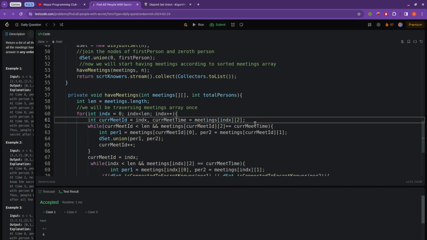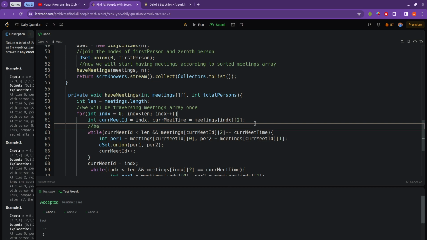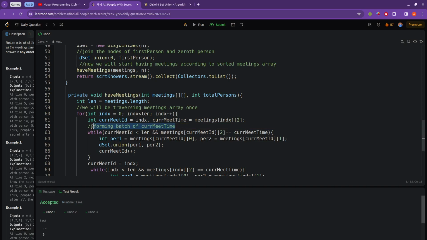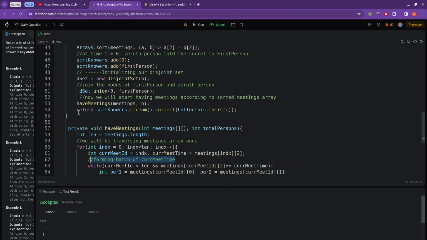Then we will form batches of time. Here what we are doing is forming a batch of the current time, you can say current meet time. Okay, so we are forming this green boundary, you can say this batch 2. Earlier we formed batch 1, so you can also say that in this particular thing we also formed batch 1.